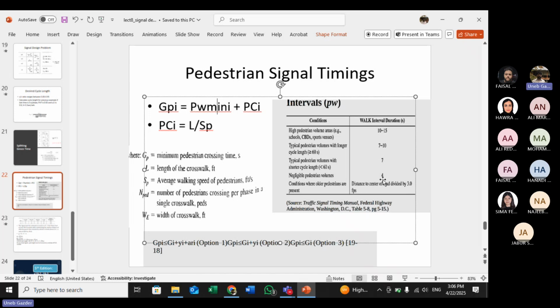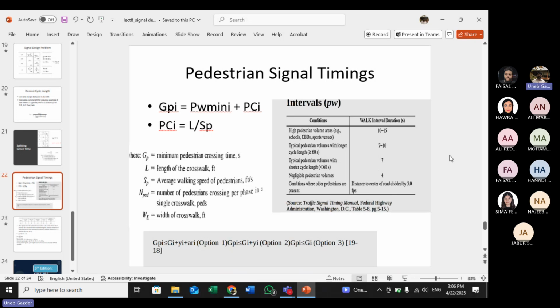If you feel that there are too many old pedestrians in the traffic, you can calculate the minimum time yourself by taking the width of the intersection divided by 3 feet per second. For old pedestrians, the speed is taken as 3 feet per second.